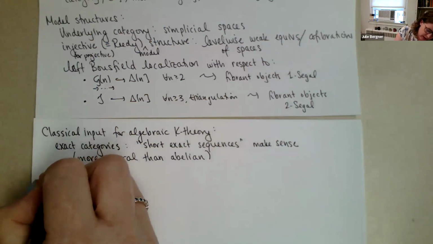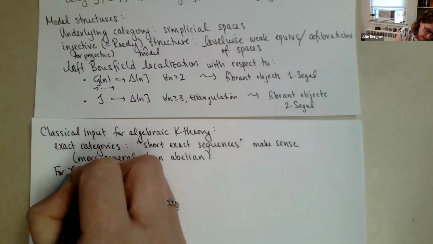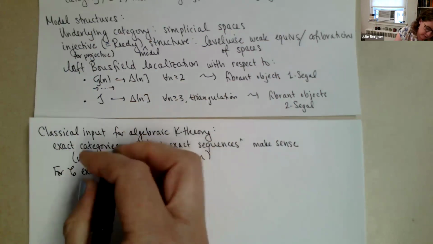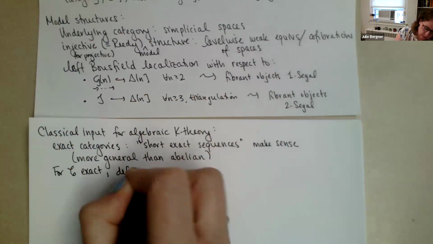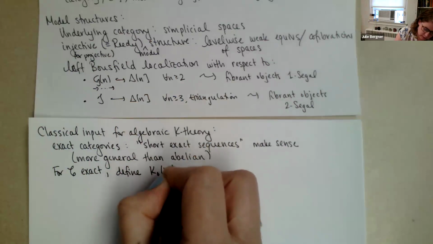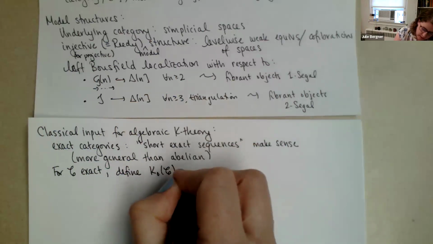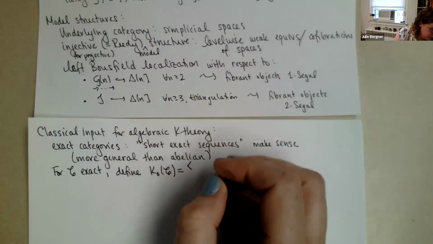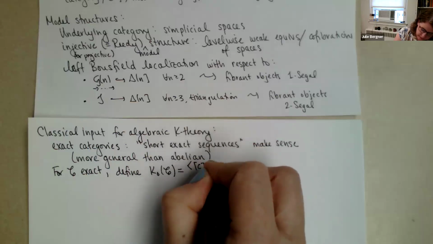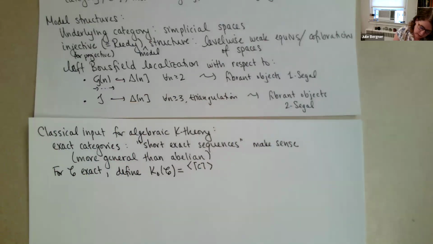And so if I have an exact category C, we can define its Grothendieck group K0 of C. And this is just the group generated by isomorphism classes of objects.